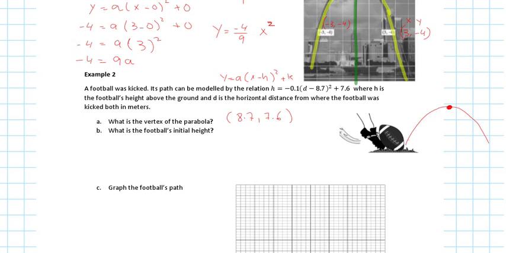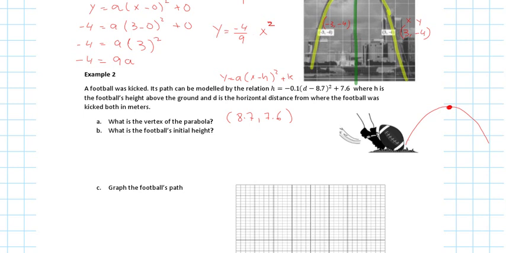So the first kick here is d equals 0. That's right. So I plug in 0 for it. Let's just think about that scenario for a second. Initial height. So that's the height of the football before I kick.